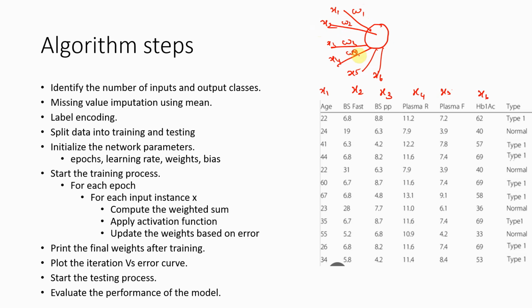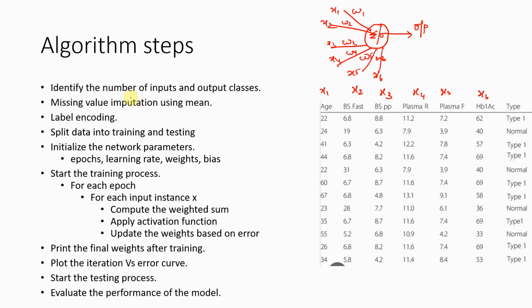These weights will be initialized randomly, or they can be initialized to 0 in the beginning. Based on that, the summation will be calculated, and since we are using the Heaviside function, the activation function gets activated and we get the output for the class label.